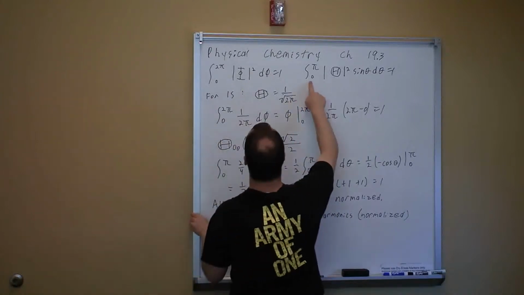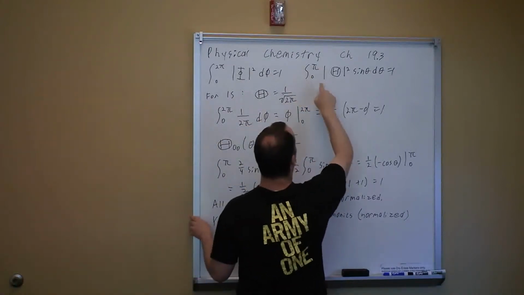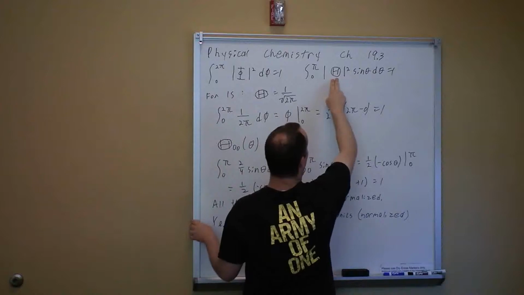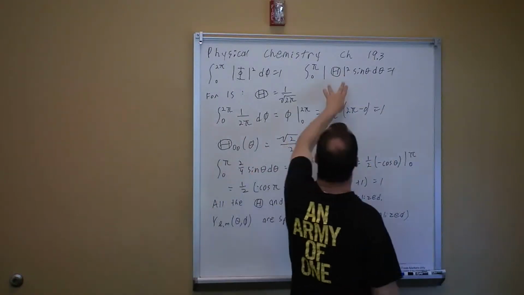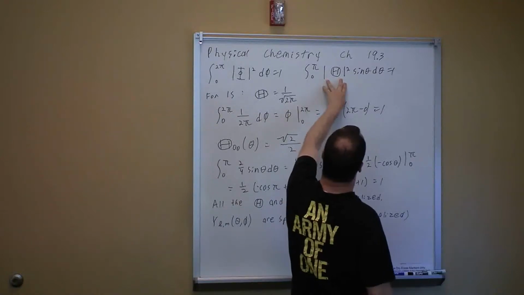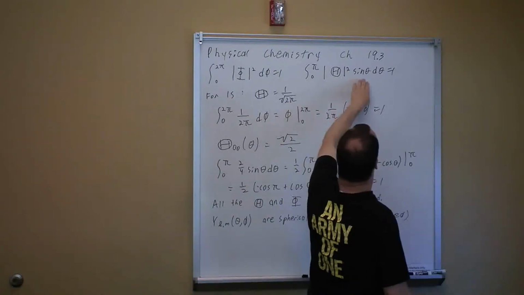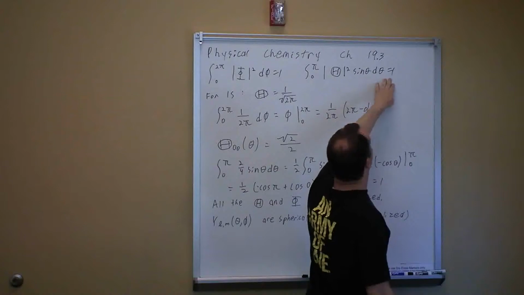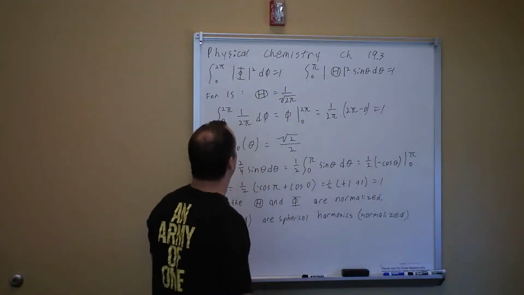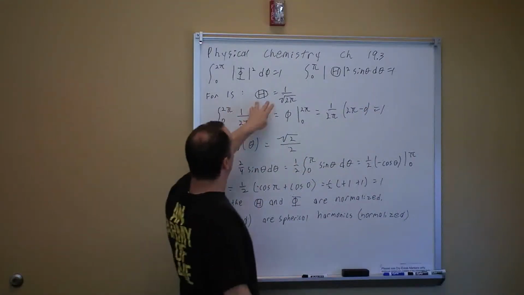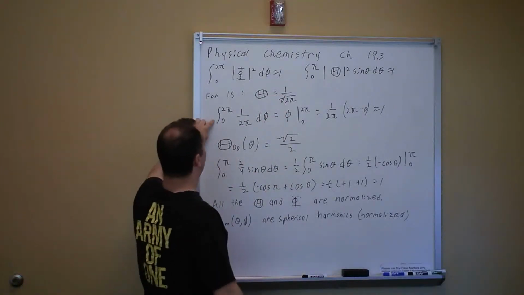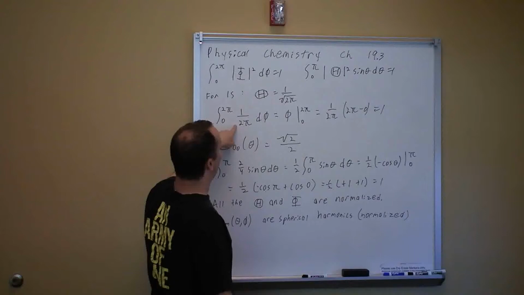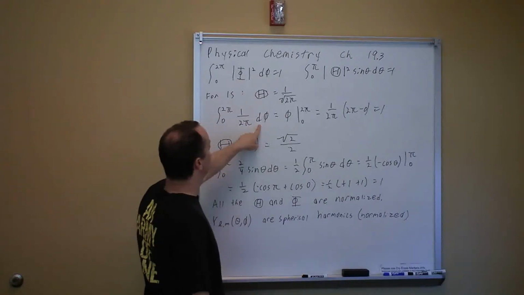Likewise, the integral from 0 to pi of capital theta, the function, where lowercase theta is the angle, of the absolute value of theta squared times sine theta d theta is equal to 1.